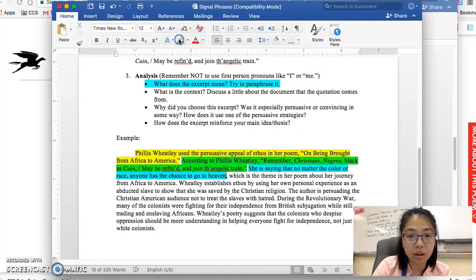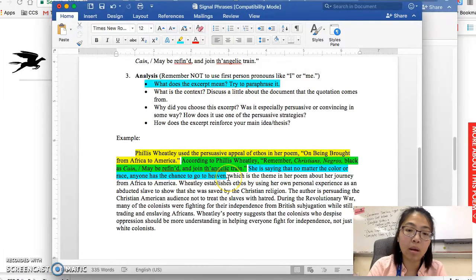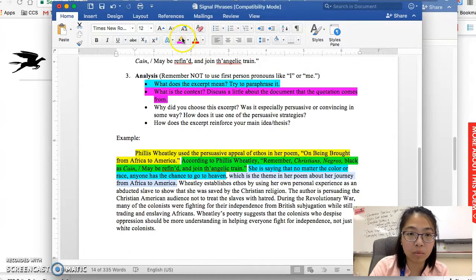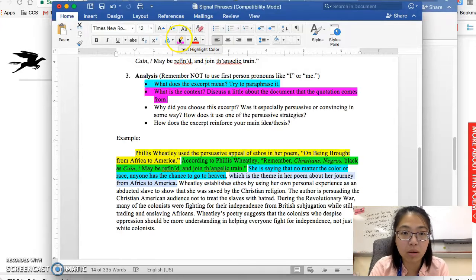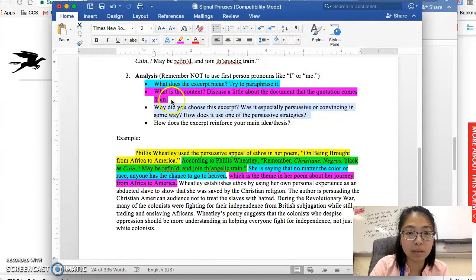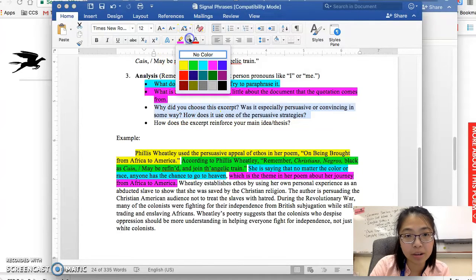I've paraphrased it up to the comma that I've got here, and then I also gave the context in the same sentence. The context of the poem. What is the poem about? Well, the poem is about her journey from Africa to America. And then I've got why this excerpt is persuasive and how it uses the persuasive strategy.